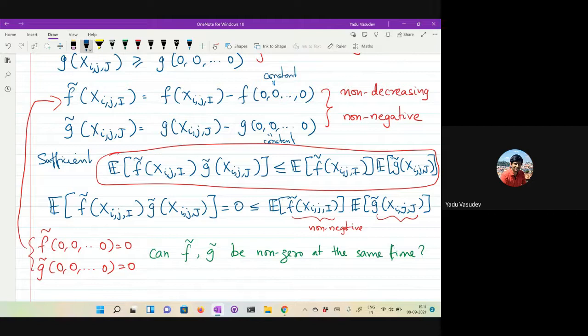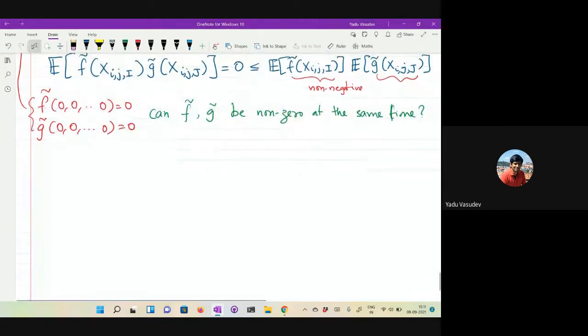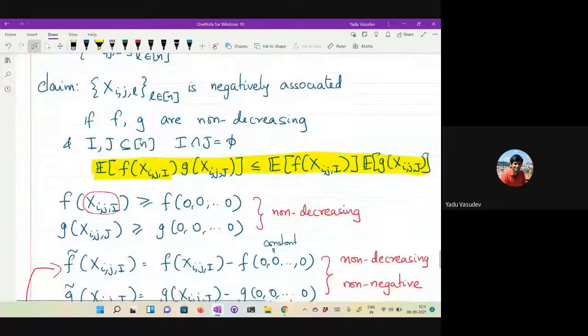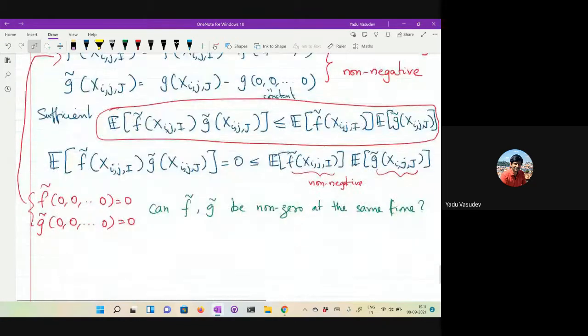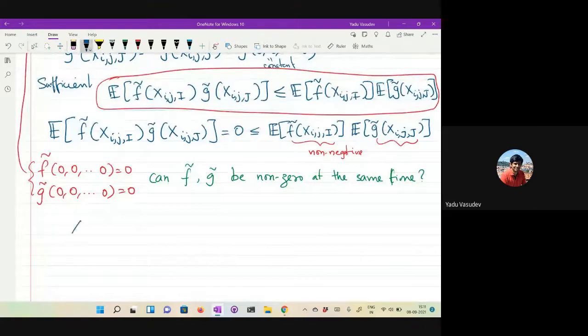So now what have we shown? We have shown that these sets of random variables are negatively associated. But then what we can actually say is that you look at the following set, x_ijl, where i is from 1 to k, j is from 1 to m, L is from 1 to n.